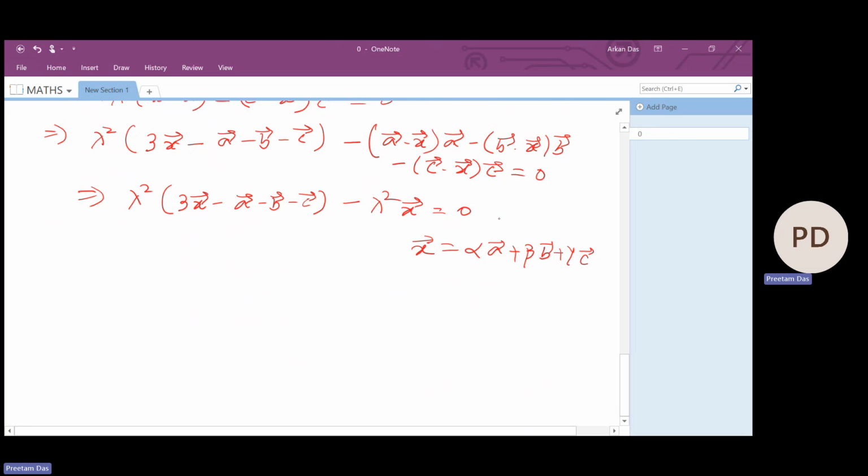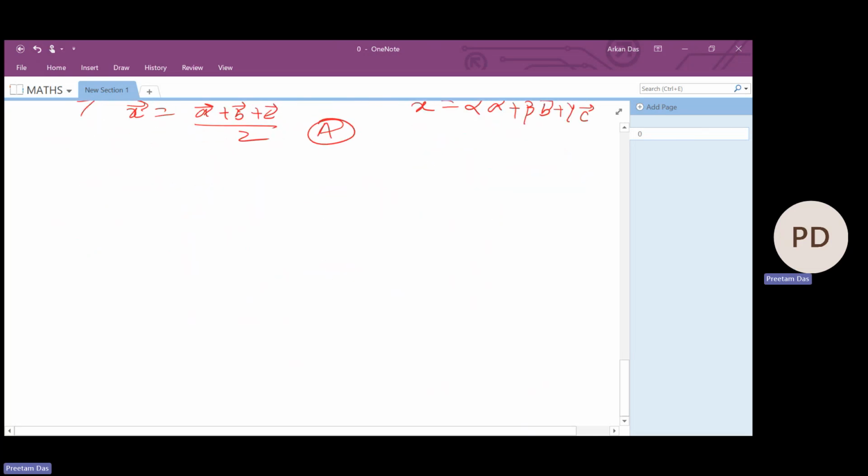If you simplify, you will get this expression, and which will simplify to this. Okay. So now lambda square we can eliminate from both sides, and then we will get the value of x as A plus B plus C by 2. So the correct option will be A. Okay. Let us see sixth.